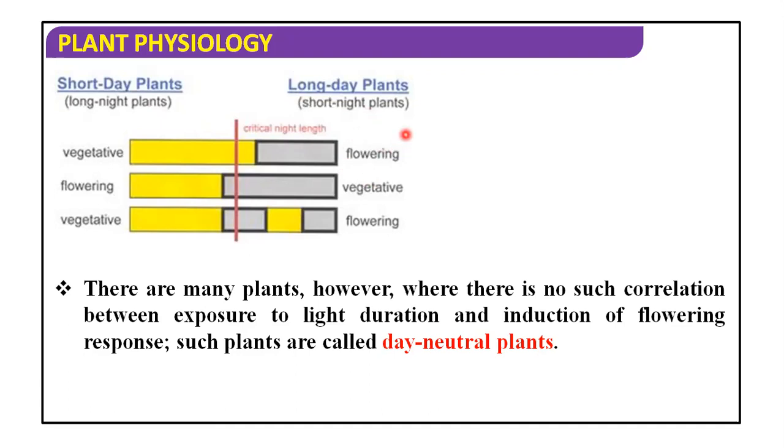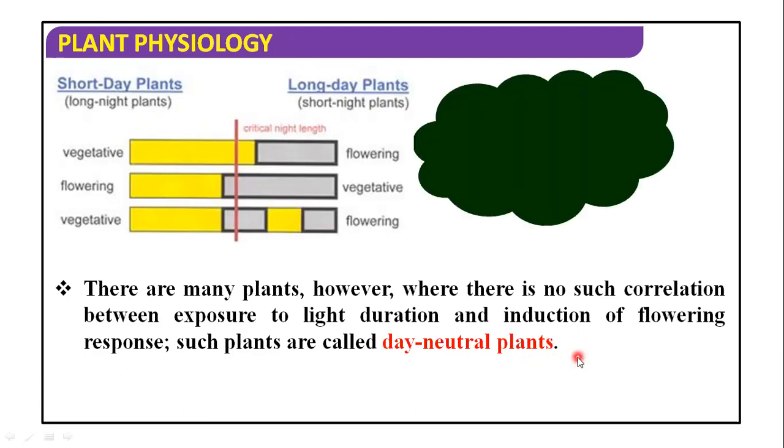Some plants require a long night, that is short day plants, and some require a short night, that is long day plants. But in day neutral plants, there is no such correlation between exposure to light and induction of flowering response, and they are known as day neutral plants.